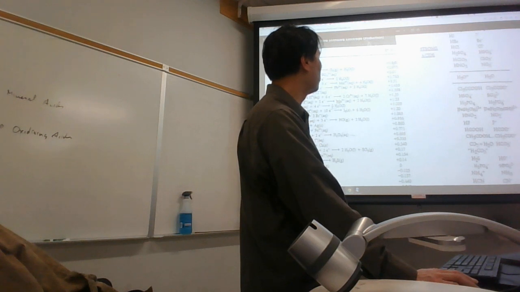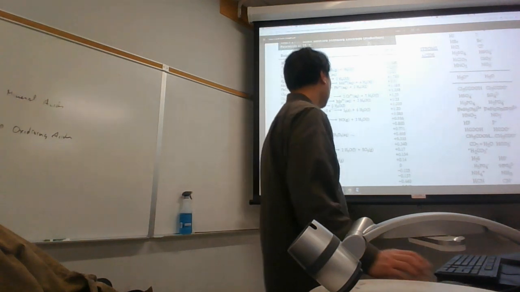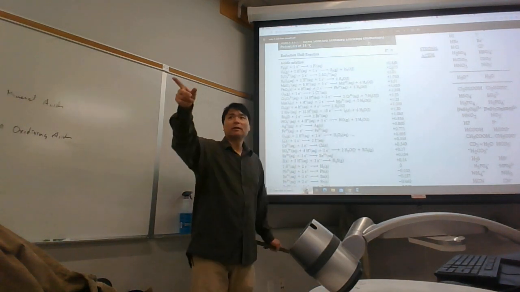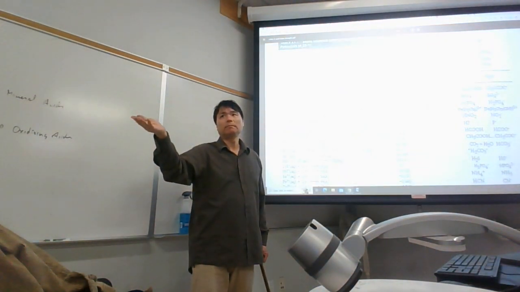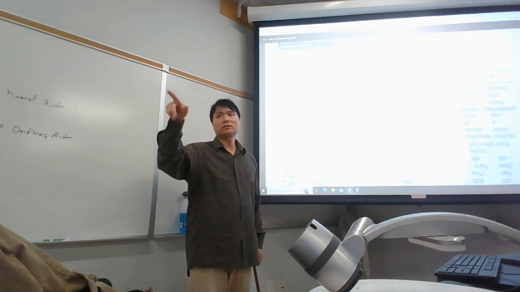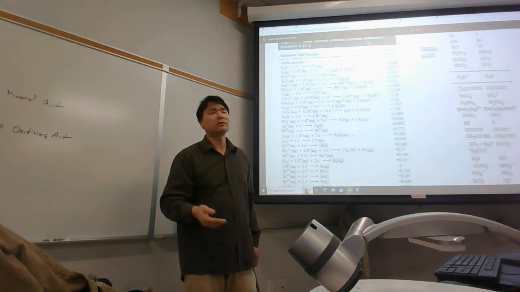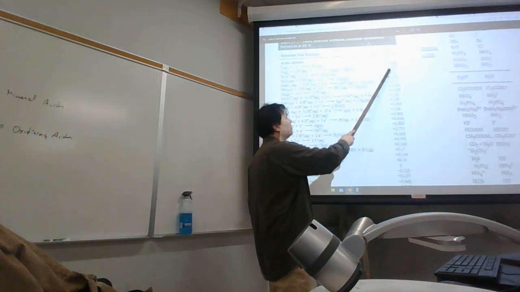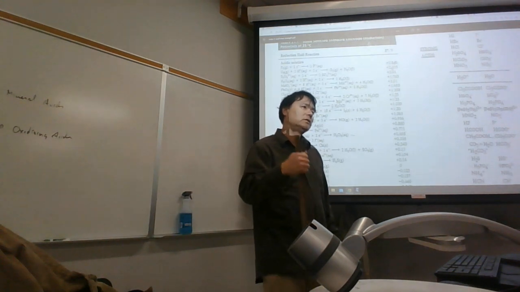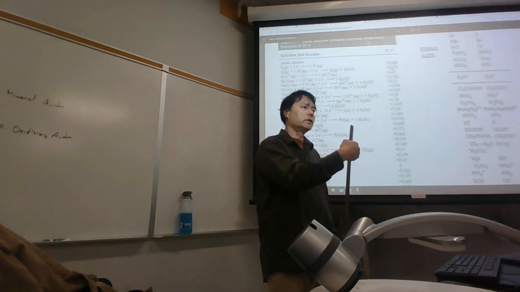For that one, we have to reverse it because fluorine is on the product side. So if we flip it and make fluorine on the reactant side, then we change the sign. So rather than negative 2.87 volts, it's positive 2.87 volts. The higher the voltage, the more force there is.